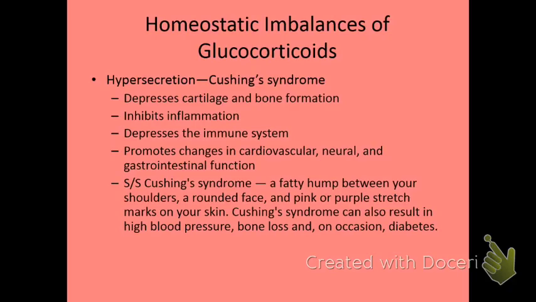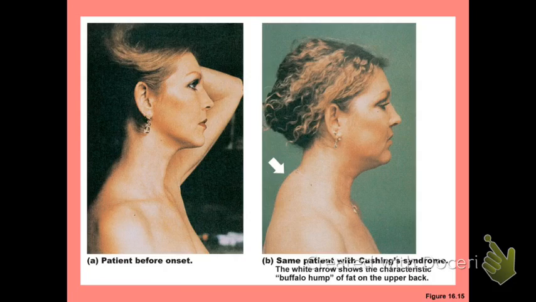You can see this condition, a beautiful woman on the left, and after onset of Cushing's, the adrenal glands are being compromised. You get the buffalo hump on the back where the arrow is pointing, and the bigger moon face. If you also look, you can see some changes in the hair and the width of the chest, bigger shoulders. She's putting on some weight in other places also.